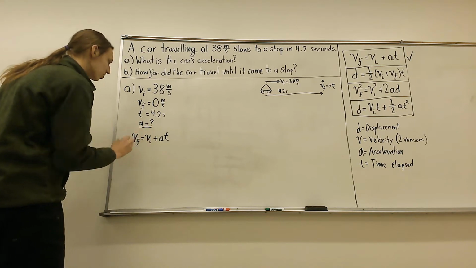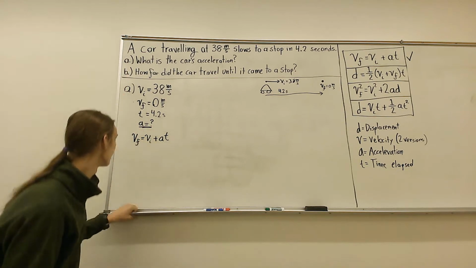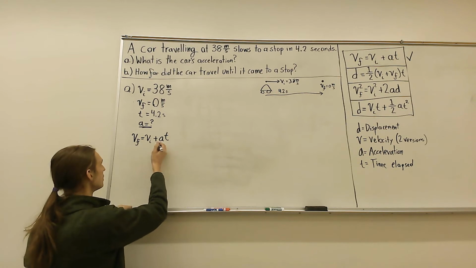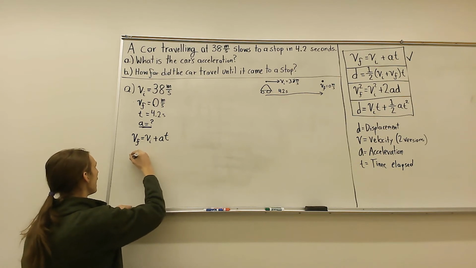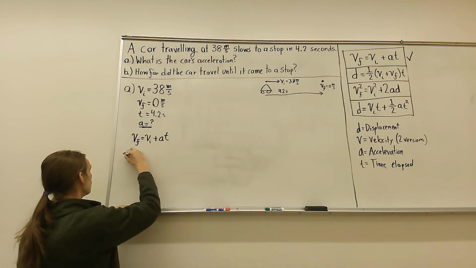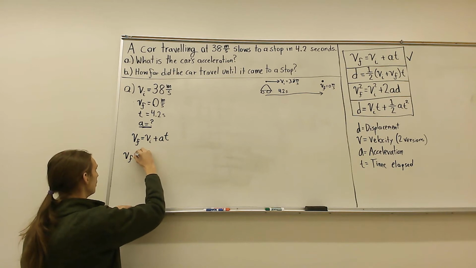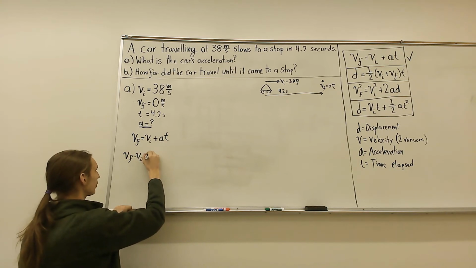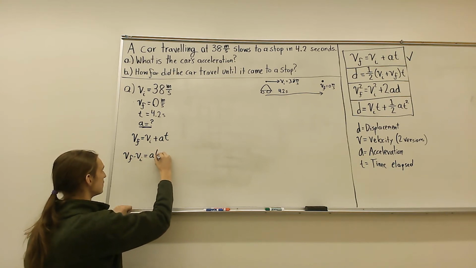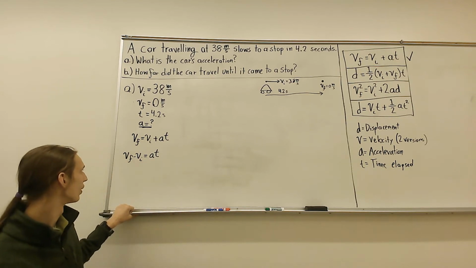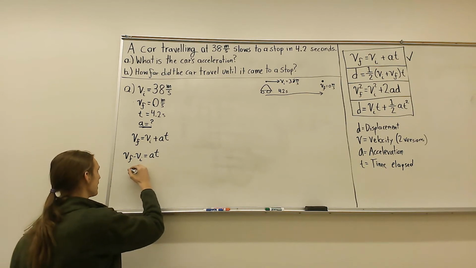A is our goal. So let's rearrange this equation. The first thing we can do is subtract vi from both sides. So we have vf minus vi is equal to a times t. Okay, and then we can divide both sides by t.